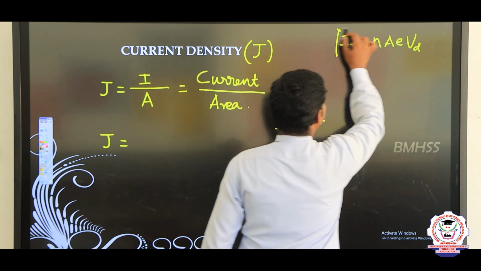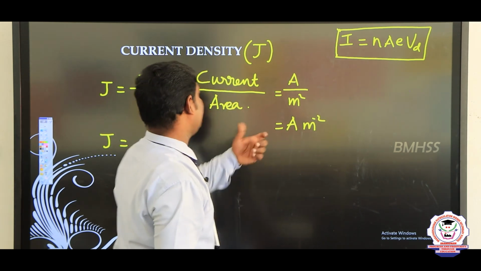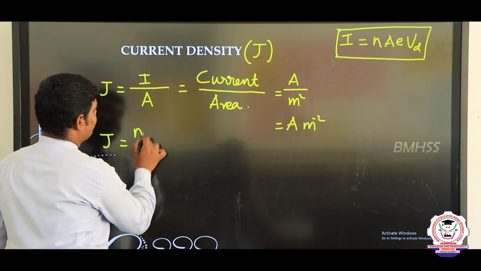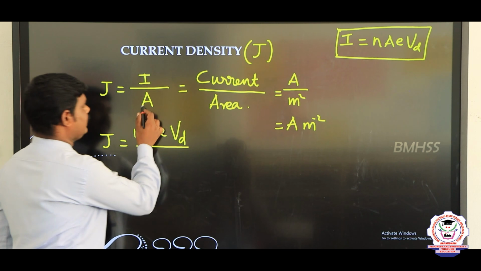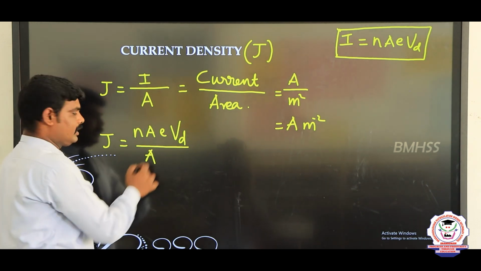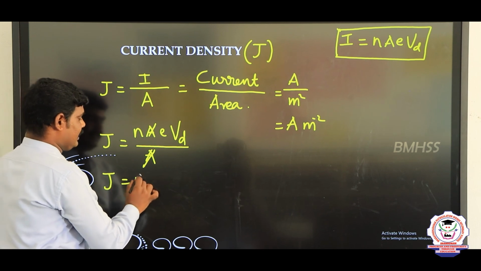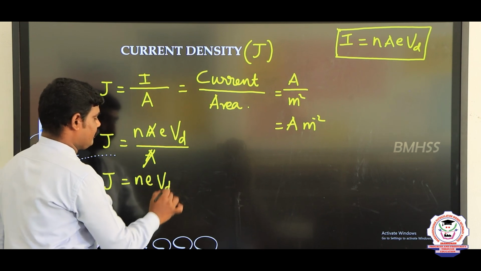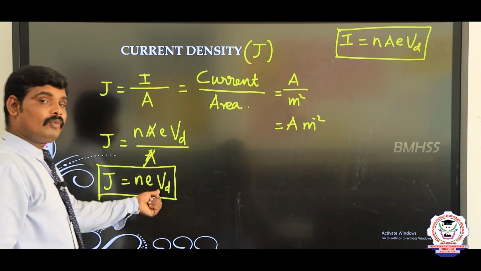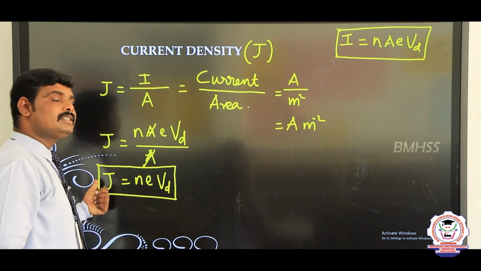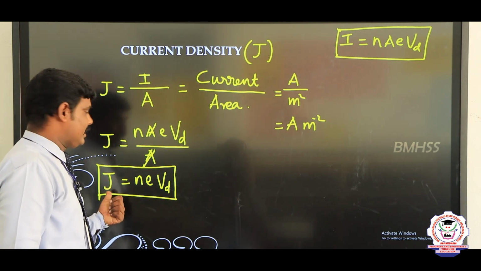Now substitute here n A e into Vd divided by A. Here A cancels, then J is equal to n e into Vd. So this is the relation between drift velocity and current density.